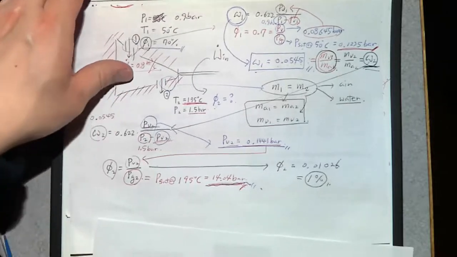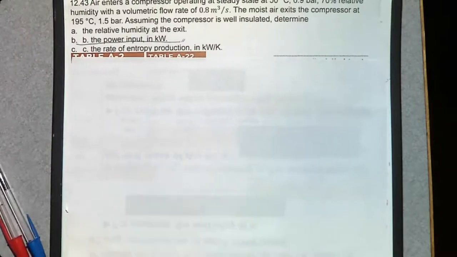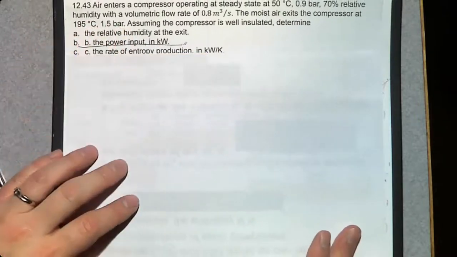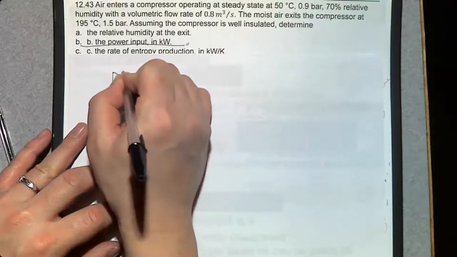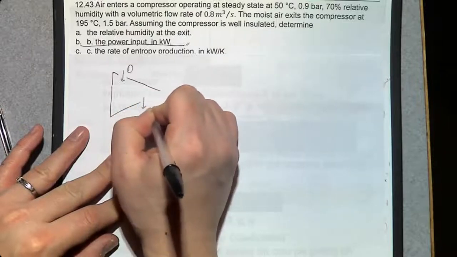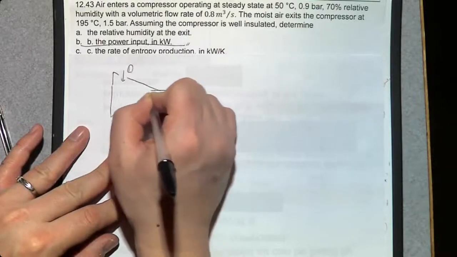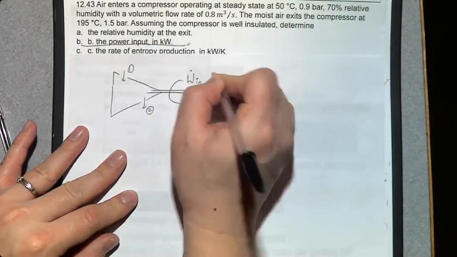We can use the energy balance equation. What is the energy balance equation for a compressor? A compressor has one inlet, number one, an exit, number two, and we have power input to this compressor.